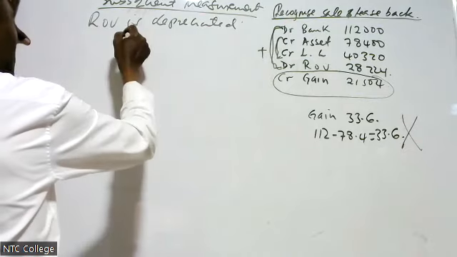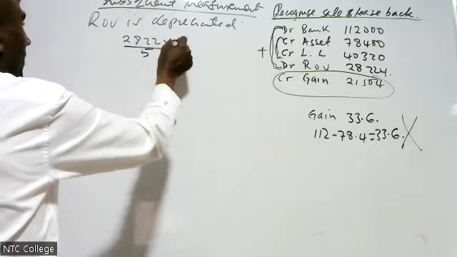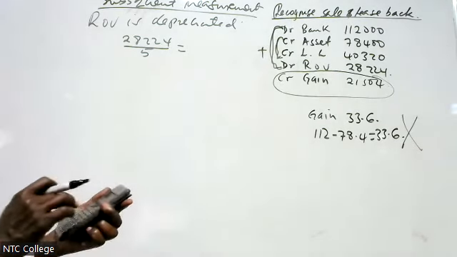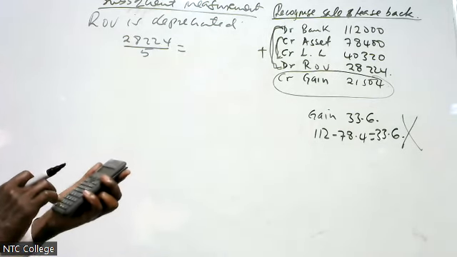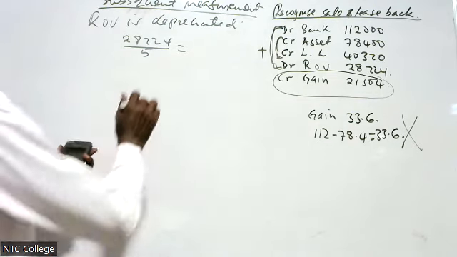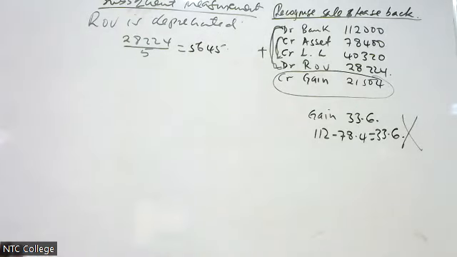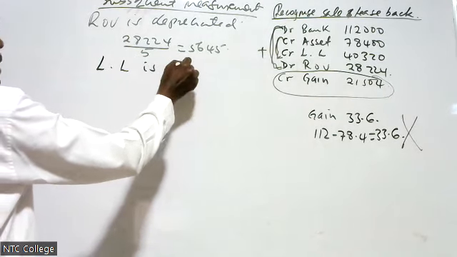Therefore, I'm going to take 28,224 divided by 5 years. How much is my depreciation? 28,224 divided by 5, I'm getting 56.45. That is depreciation for 1 year.